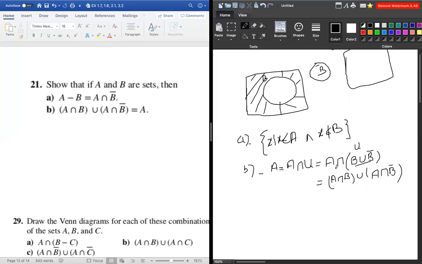So A intersection B, this union, and then this A intersection B complement here, right? So it's opening up the brackets. Okay, just like we studied for the logic using the De Morgan's law. So we have the same De Morgan's law in sets too.